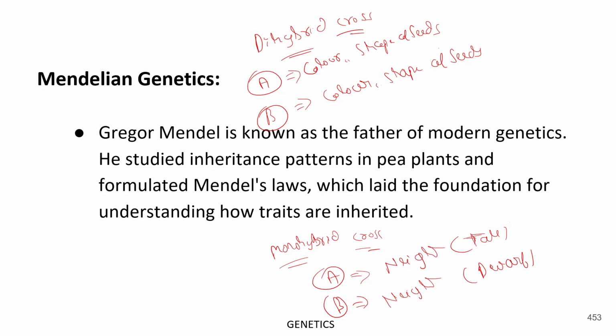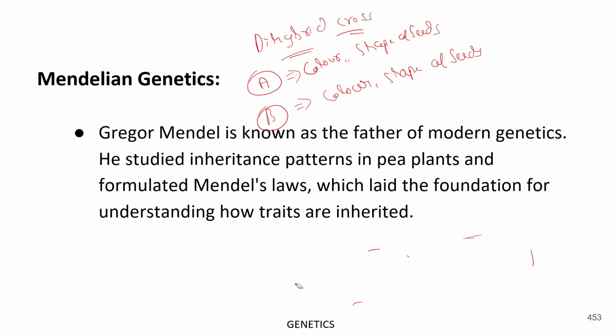But when he was doing the experiment with the dihybrid cross, there are two different characteristics between them. Their color and the shape of their seeds were different. So he took the plants, and these plants were also the P plants.